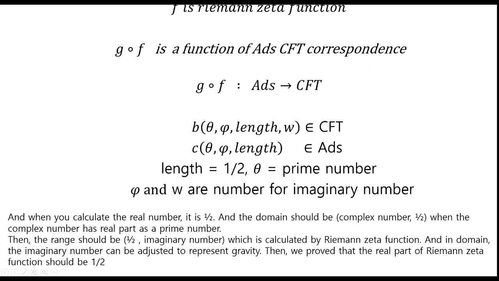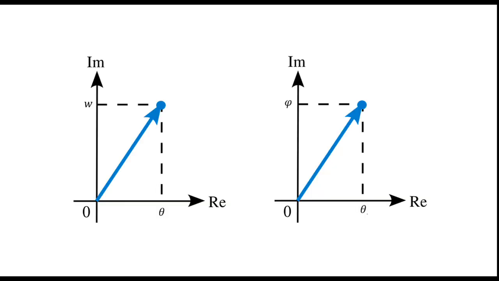And when we calculate the real part, it is half, and the domain should be the complex number half, when the complex number has a real part as a prime number. Then the range should be half imaginary number, which is calculated by the Riemann zeta function, and in the domain, the imaginary number can be adjusted to represent gravity. Then we prove that the real part of the Riemann zeta function should be half.